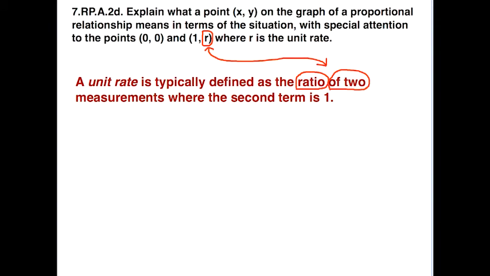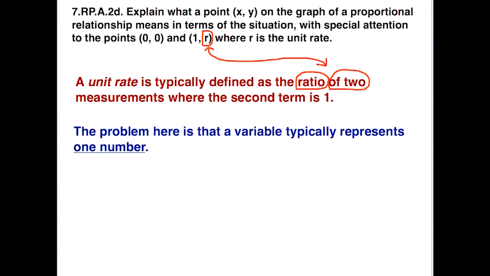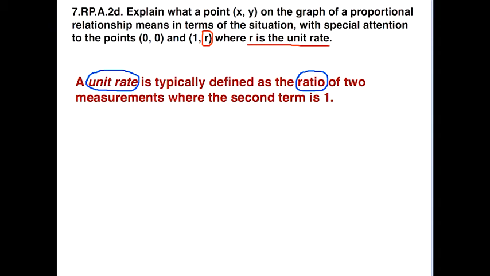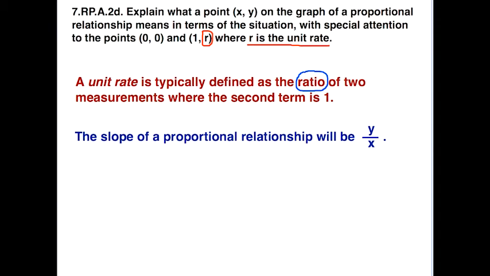So there's some dissonance here because the single letter r is supposed to represent the ratio of two measurements. The problem here is that a variable typically represents one number, but a unit rate is actually a ratio, again, of two measurements. Well, let's see. The slope of a proportional relationship would be y over x.